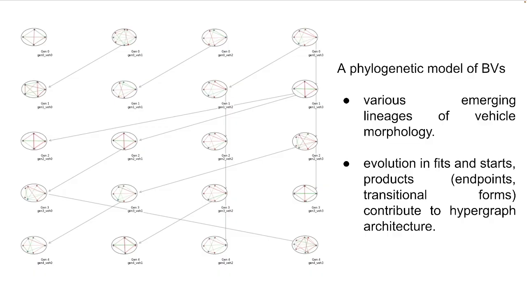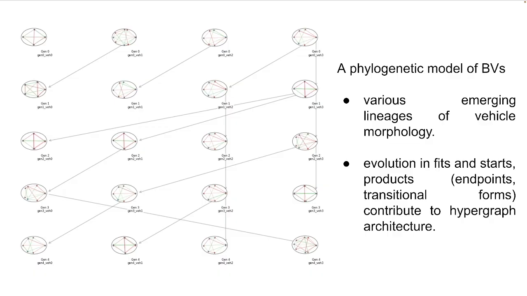This is actually from some of the Braitenberg vehicle work, so it's a little bit more concrete. This is an evolutionary process of 5 steps, so it's a very simple evolutionary process where we have different vehicle initial states. We have vehicle 0, 1, 2, and 3, and then we evolve each of those over time.